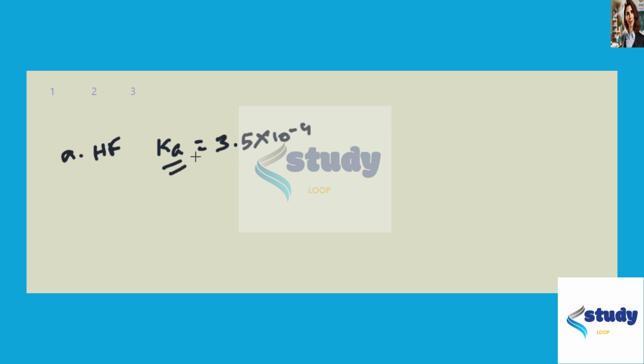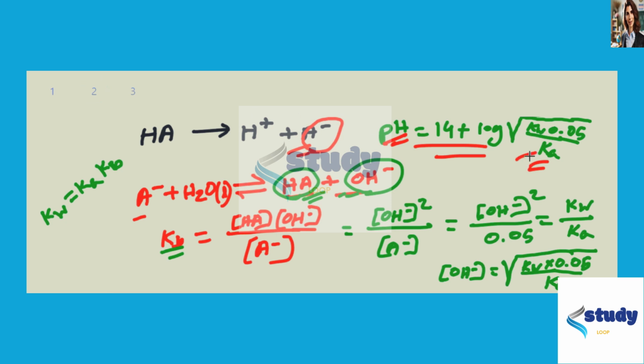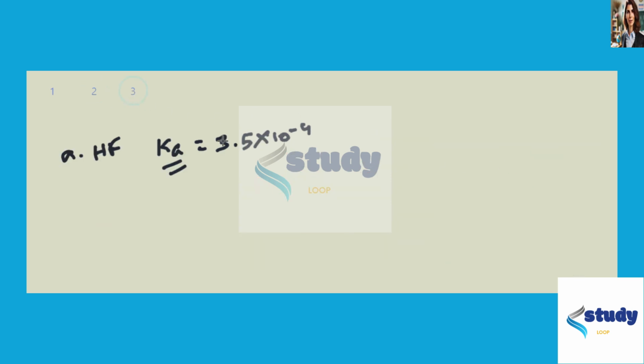If we plug in the Ka value into this equation, we will see that the pH will be around 8 at the equivalence point. So this pH is basically the pH at the equivalence point.